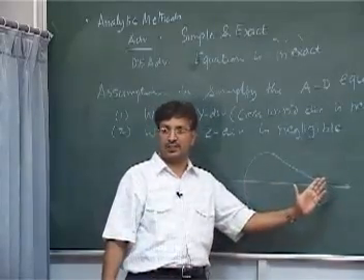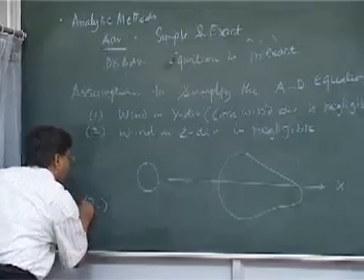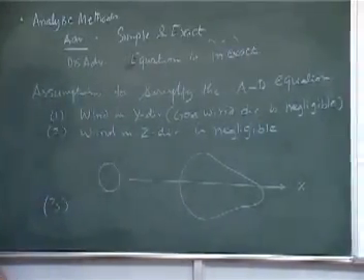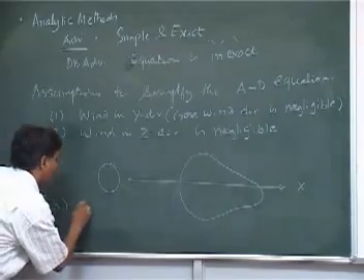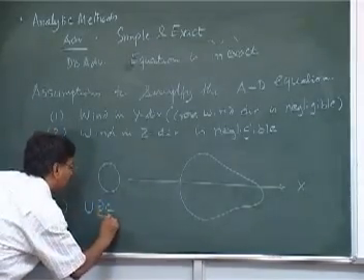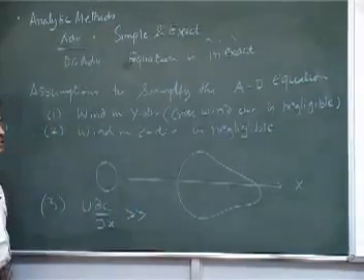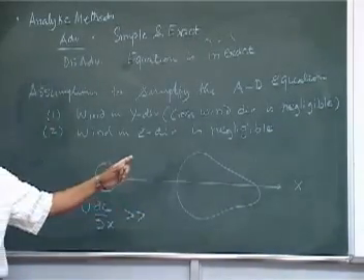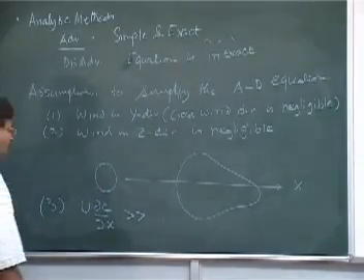So the third assumption I can say, if you agree with me, is u del c by del x is much bigger than Kx del square c by del x square.